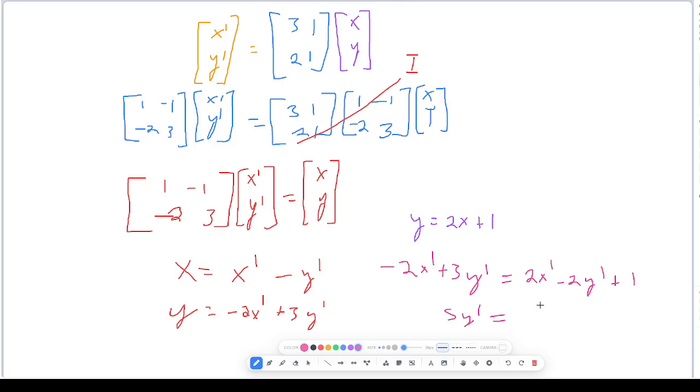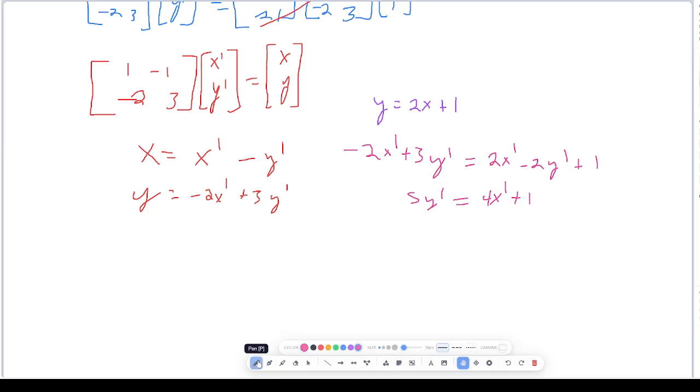We're going to add over the 2x prime, the negative 2x prime over here. That's going to make 4x prime plus 1. And our new line is y equals 4 over 5 x prime plus 1/5.